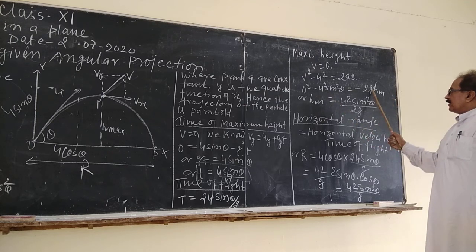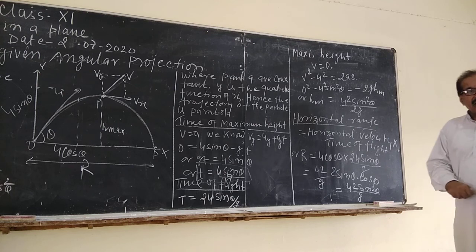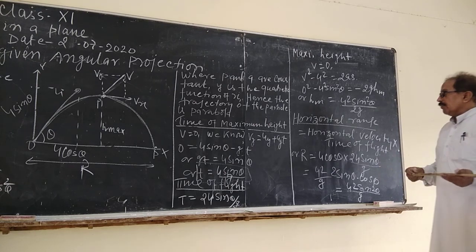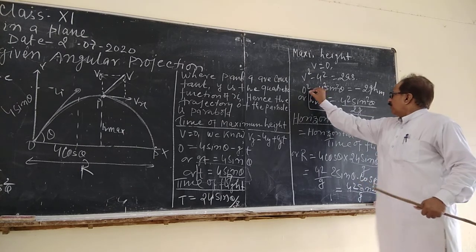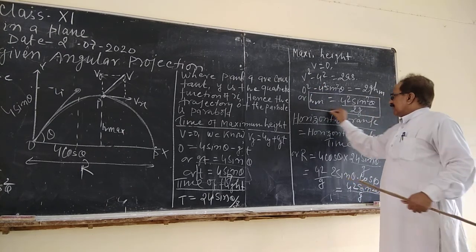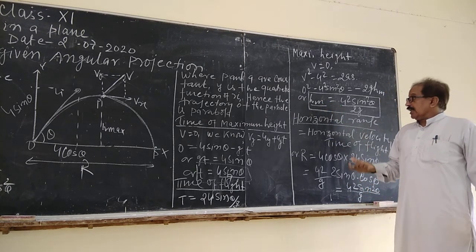After solving this equation, h max is equal to u square sin square theta by 2g, and this is the formula for the maximum height of the projectile.